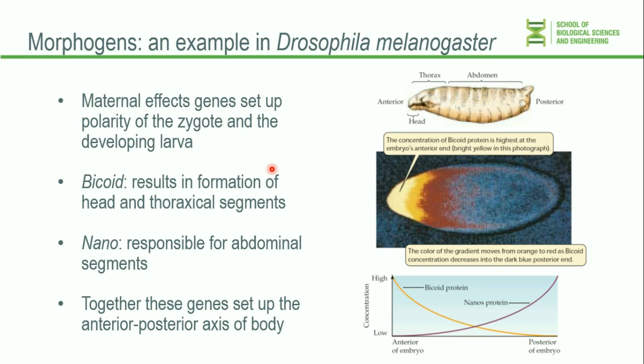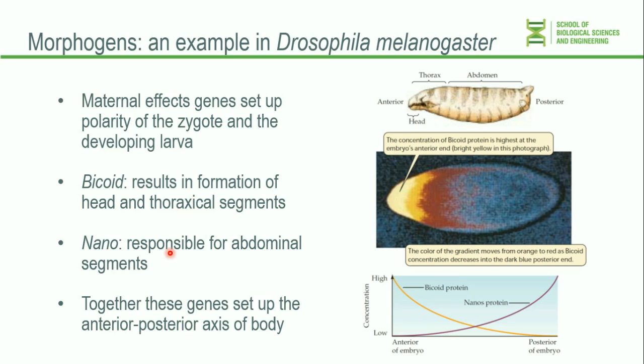There are a couple of morphogens that are very important in setting up the polarity of the developing larva. And these morphogens are called bicoid and nanos. Now it turns out that bicoid, when in high concentrations, results in the formation of the head and the thoracic segments. Now, an insect is a highly segmented organism.